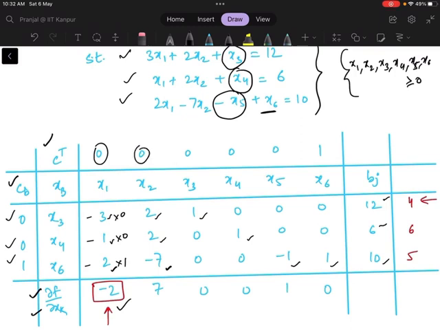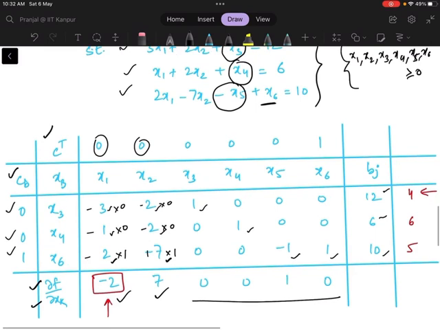Similarly for the second term, 0 minus 2 into 0 minus 2 into 0 minus minus 7 into 1, where minus minus becomes plus. So this becomes 7. Similarly doing for all the remaining terms, we will get this. We need to select the most negative. So here the most negative is this, and this will be the entry variable.